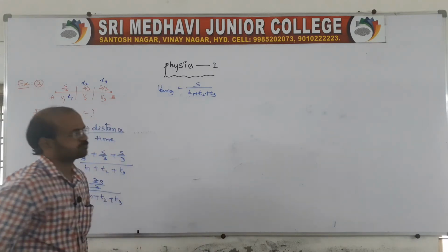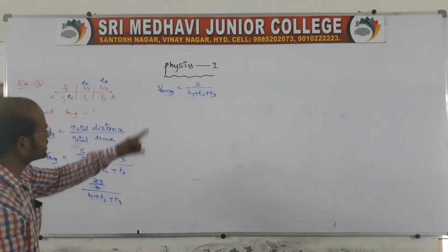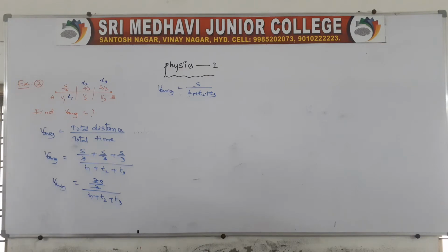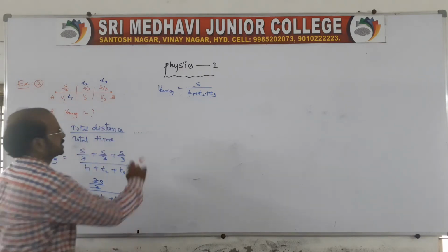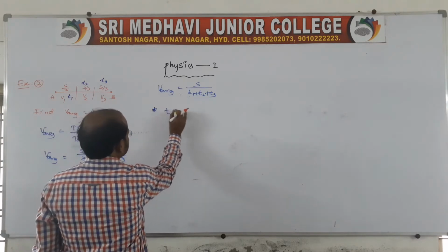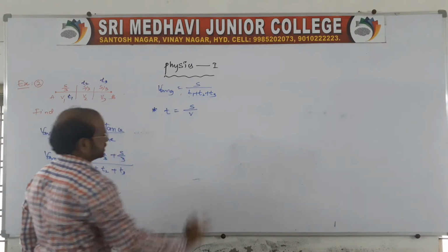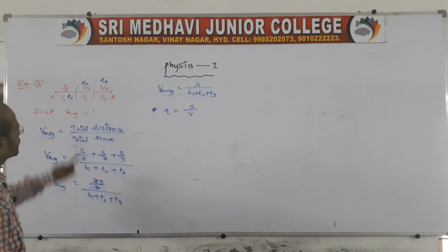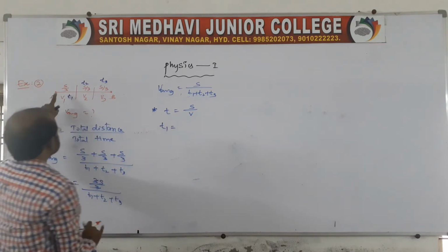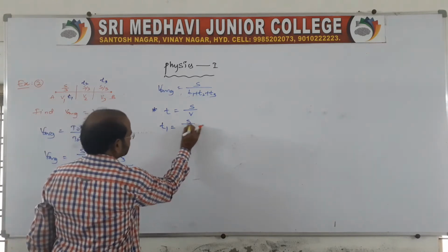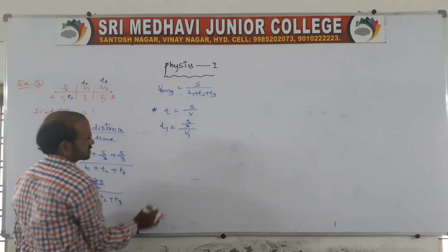Now we have to get t1, t2, t3. After getting t1, t2, t3, we substitute and get the average speed. Time is equal to distance by speed. For the first interval, t1, the distance is s by 3 and the speed is v1.